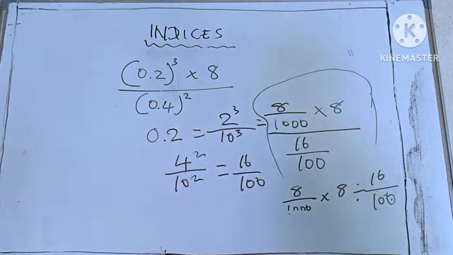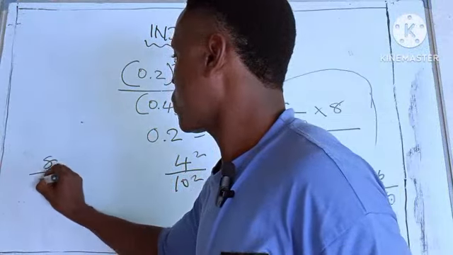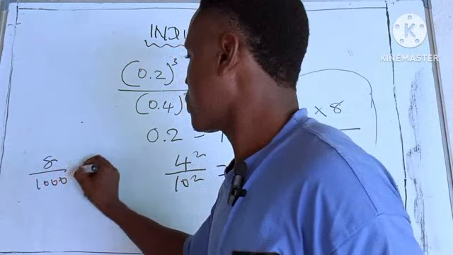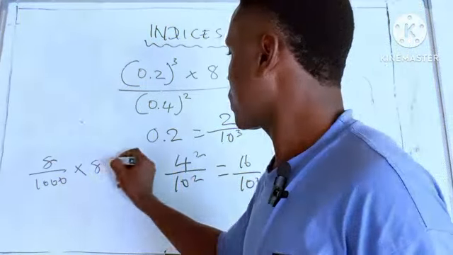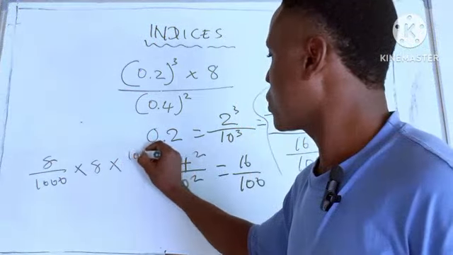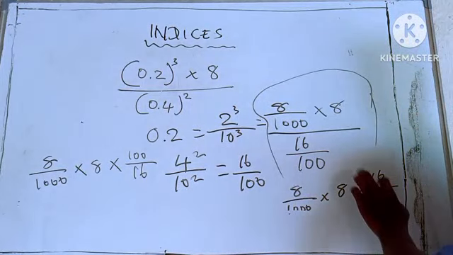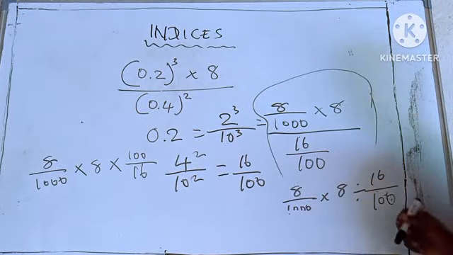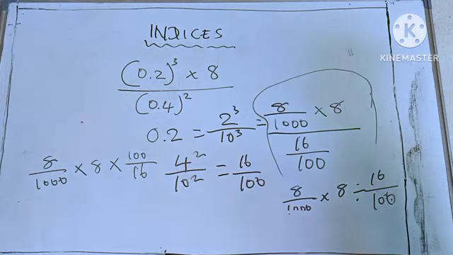So we have 8 all over 1000 times 8, then times, we change them, it will now be 100 all over 16. So once you exchange them, the division sign becomes multiplication.